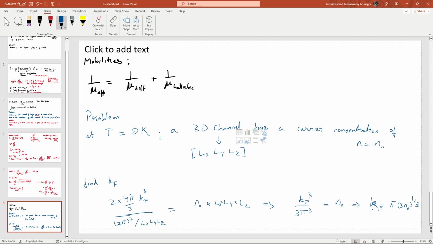So this is the relation between the Fermi wave number and the charge carrier concentration in the 3D channel.